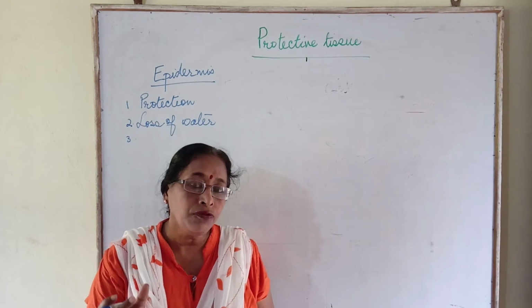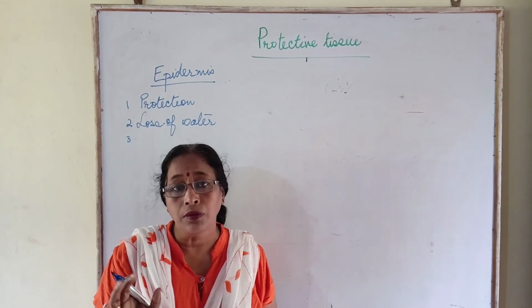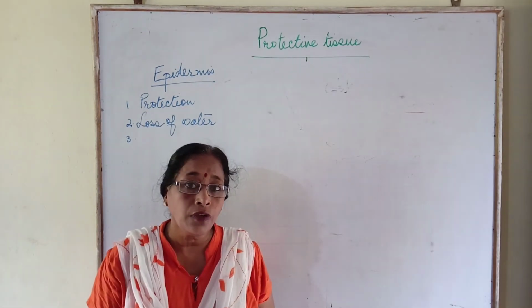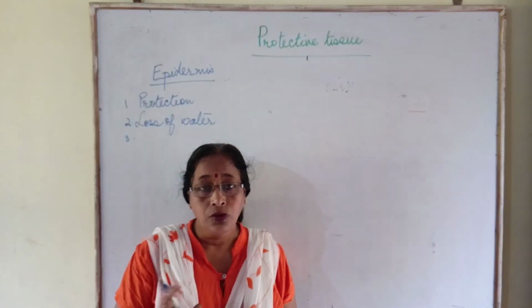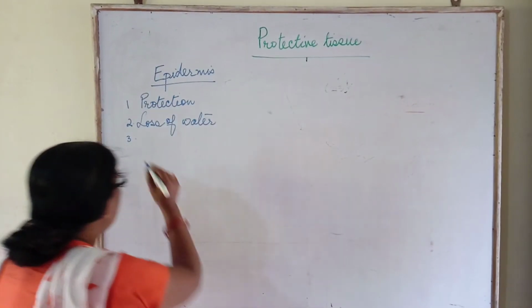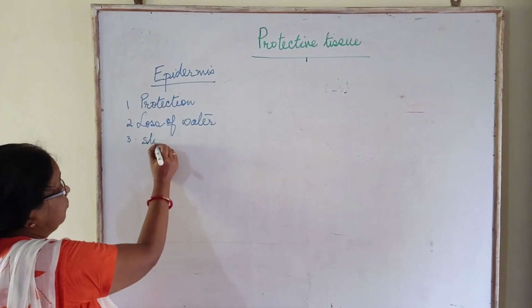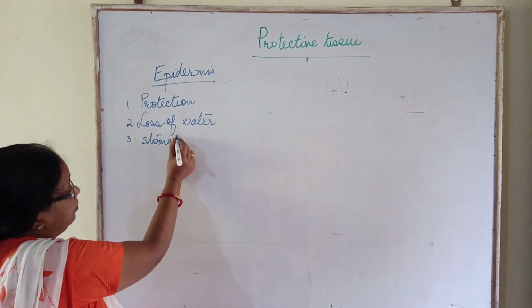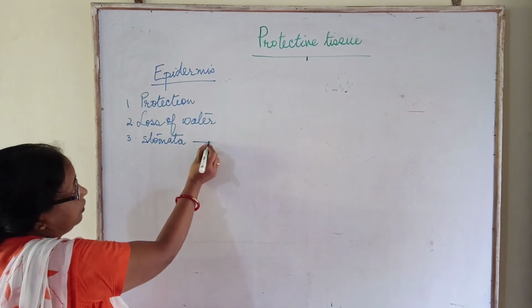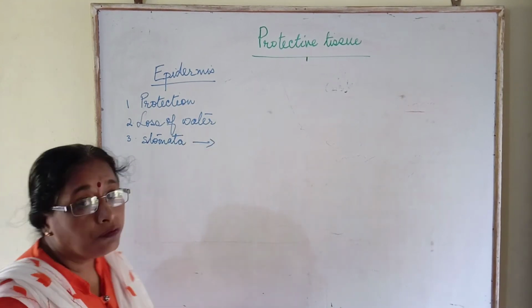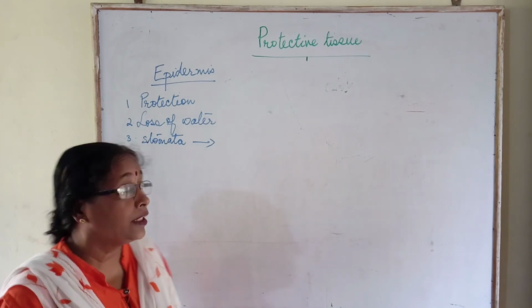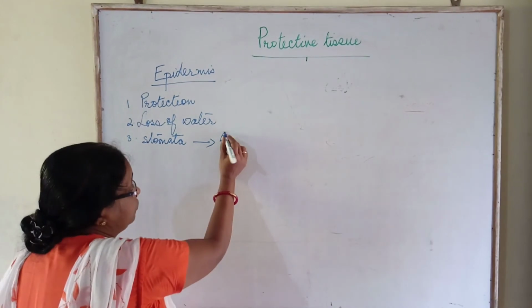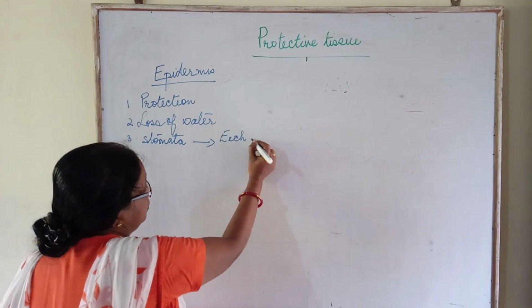The stomata present on the epidermis help in the exchange of gases and also in transpiration, that is, loss of water in the form of vapors.